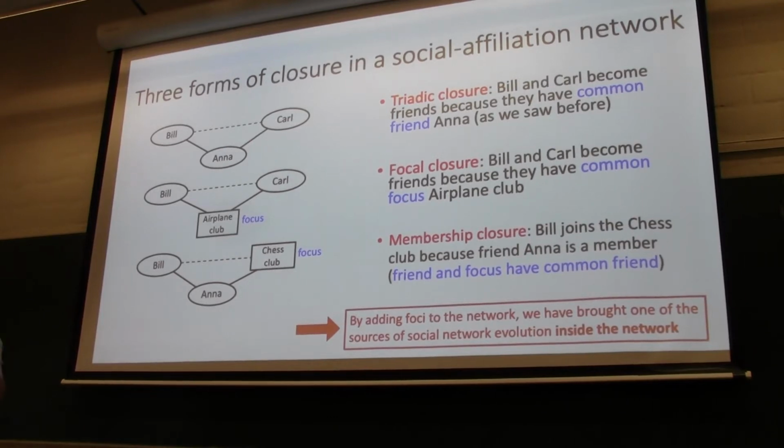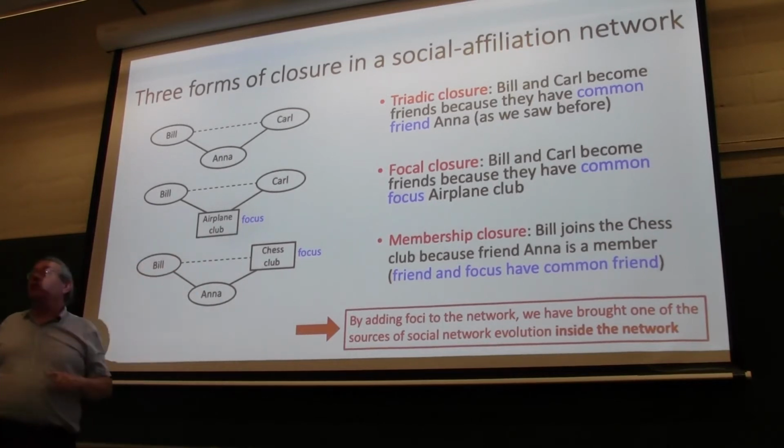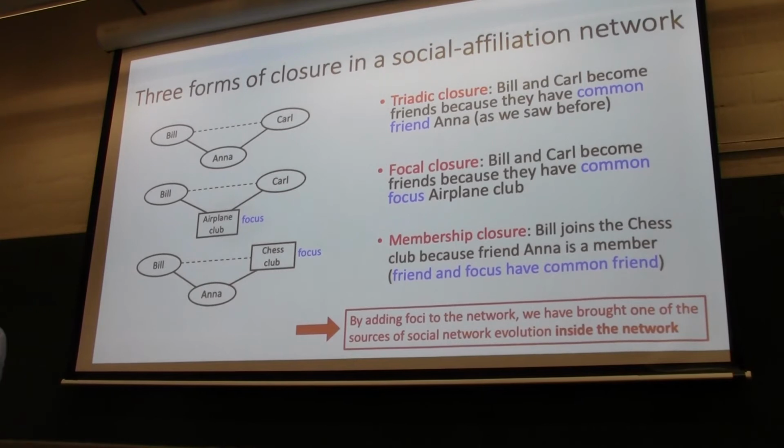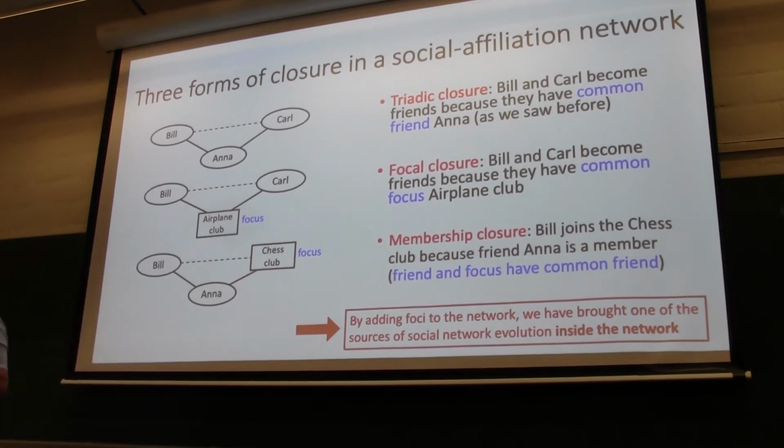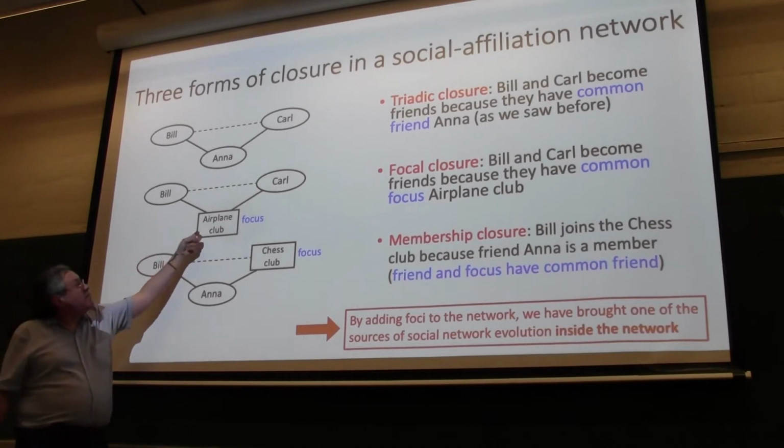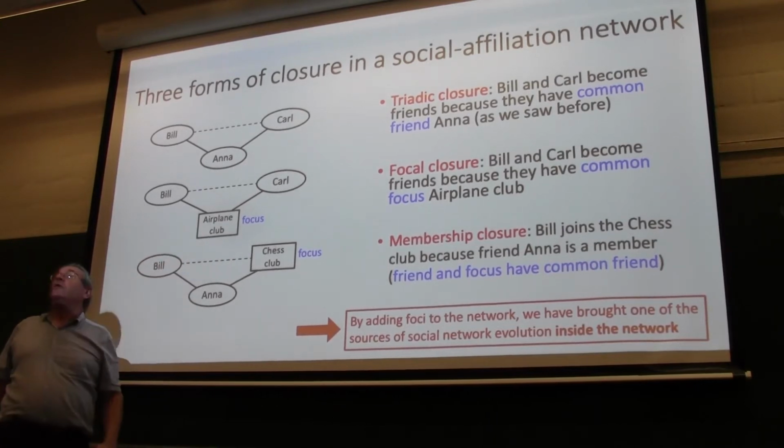But now we have more kinds of closure. In the second one, Bill and Carl are not friends, and they have no common friends. But they're both members of the airplane club, okay? They go to the meetings of the airplane club, maybe they fly model airplanes, whatever, and they become friends because they have this common focus.